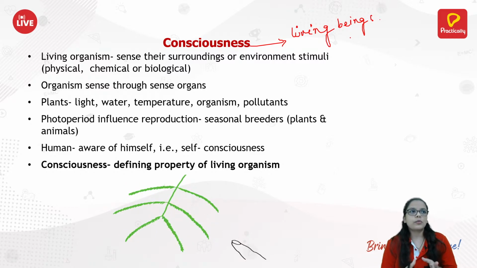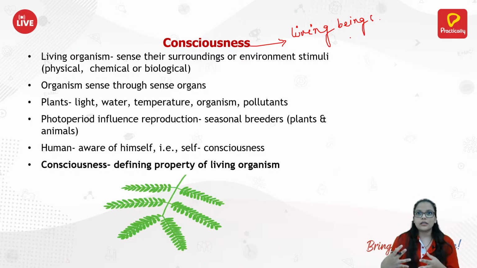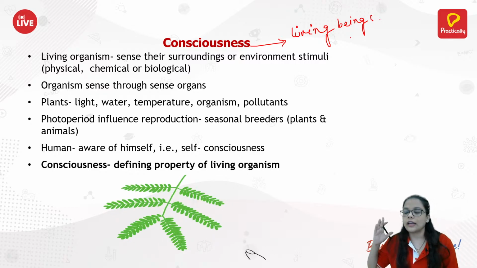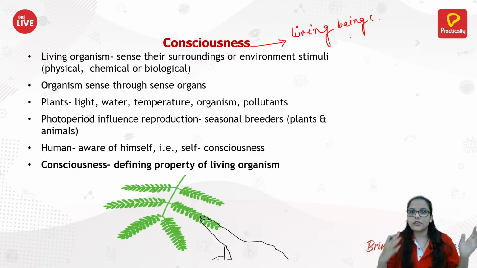Because you're hungry, you're conscious about your hungriness, you move to the kitchen. An animal, in its consciousness, can understand that it's in danger, it starts running. A deer, in its consciousness, can understand that a tiger is watching, a tiger might hunt it down, starts running.